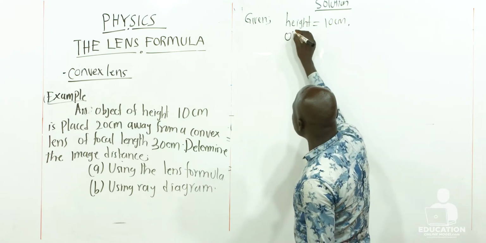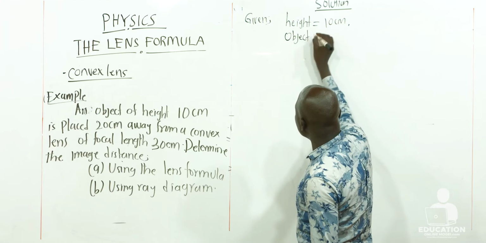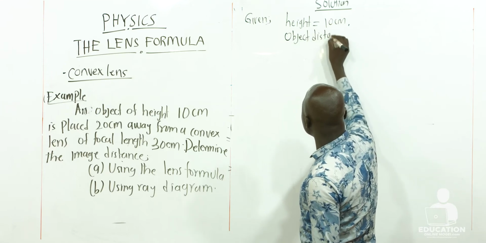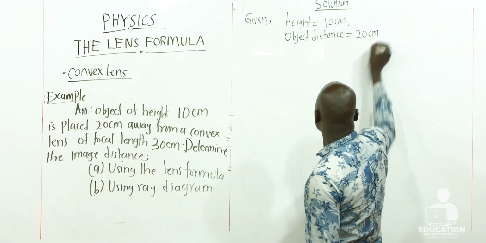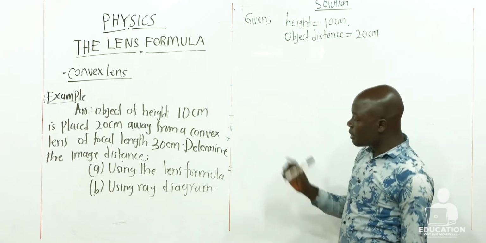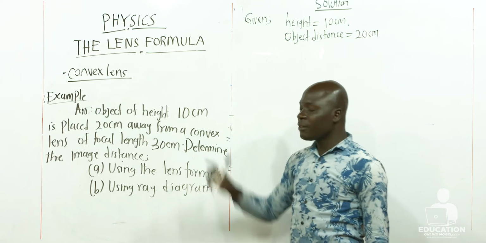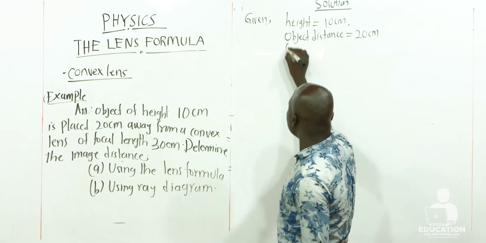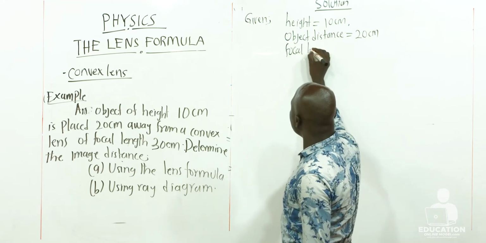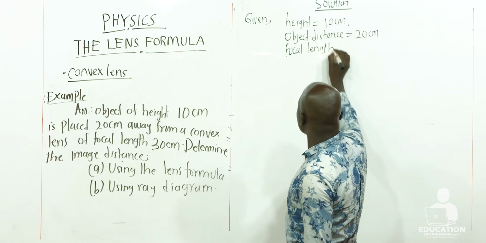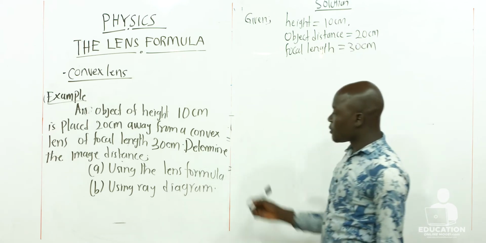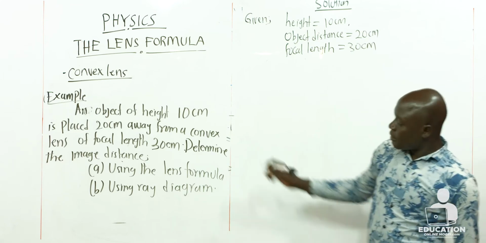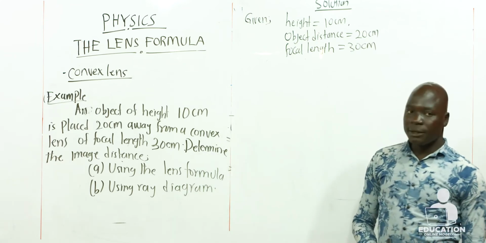So object distance is equal to 20 centimeters. Then reading further, it says of focal length 30 centimeters. So focal length is equal to 30 centimeters. So these are the quantities that are given in the question.